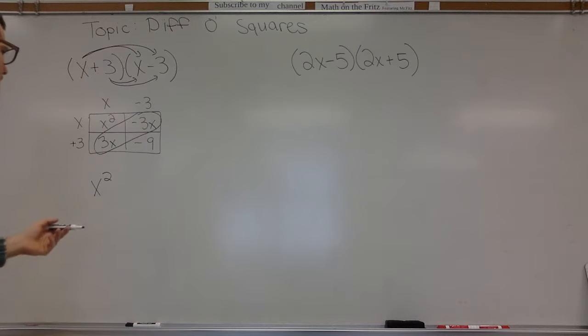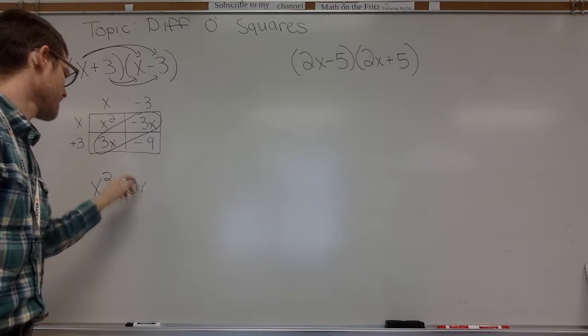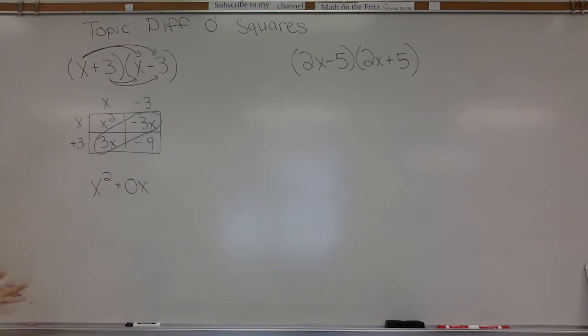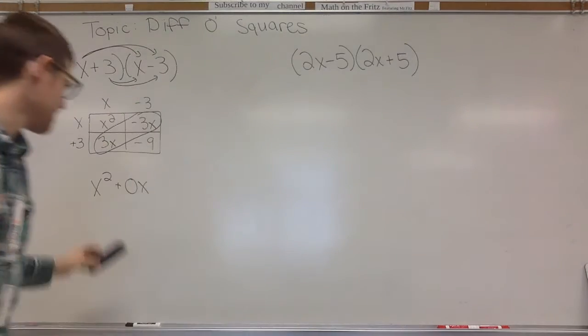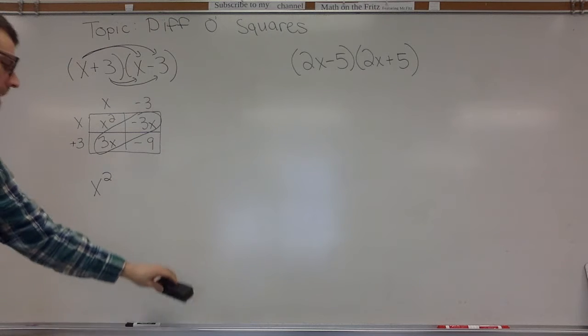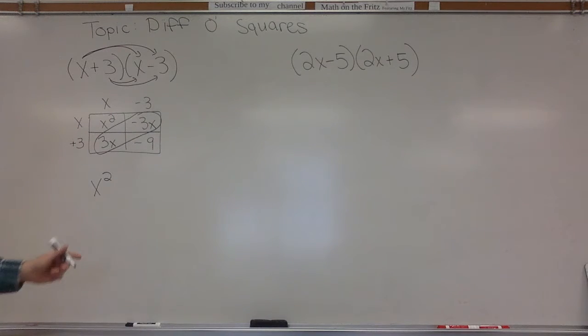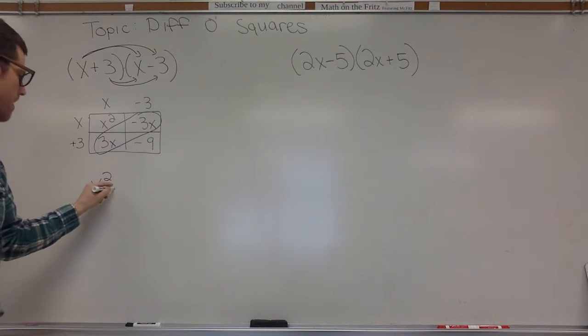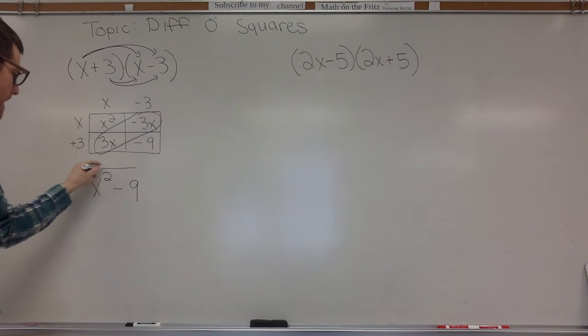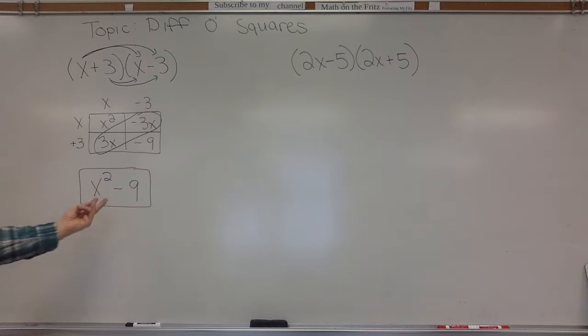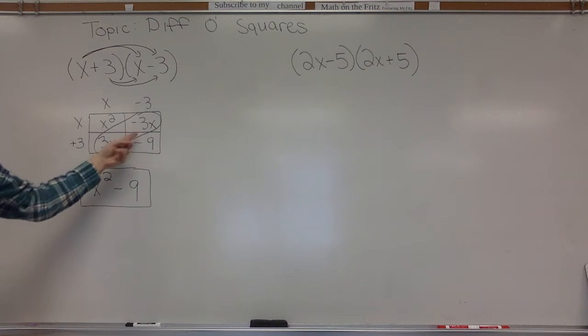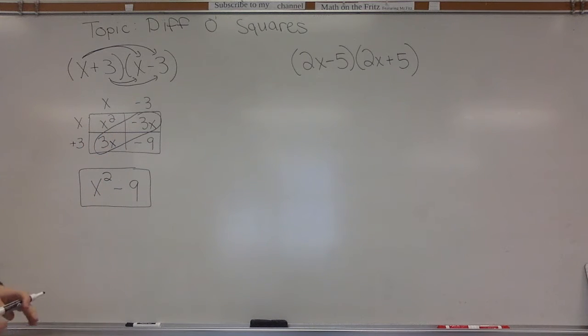That's 0x. Now, I don't have to write 0x on here. It's kind of a waste because 0 times anything is 0. So mathematicians aren't going to spend time writing that 0x. They're just going to skip it and give the audience what they need to know, which is what actually exists. x squared minus 9. Notice there's only 2 terms there. I got 4 products, but it resulted in just 2 terms.